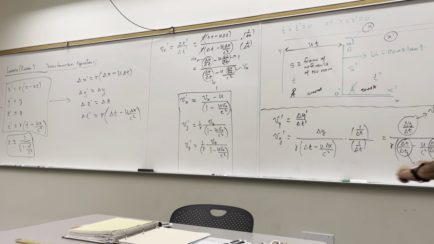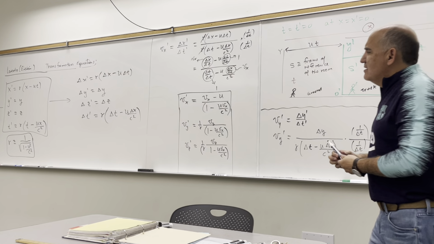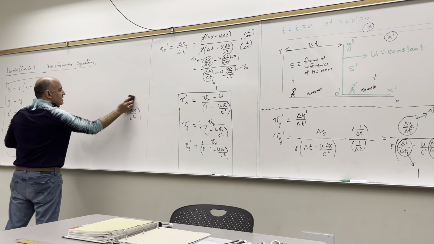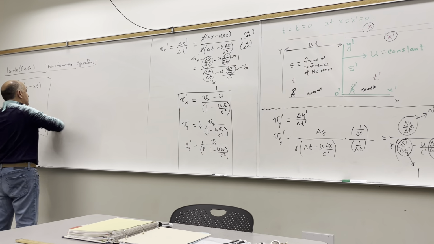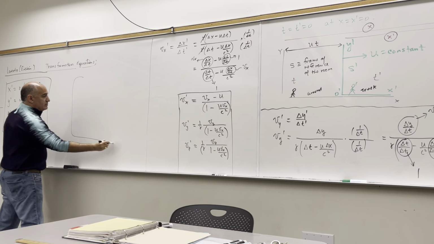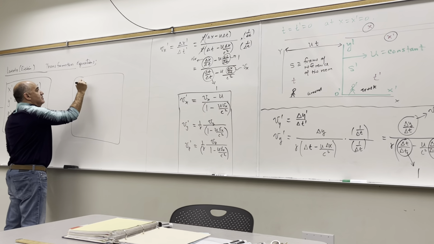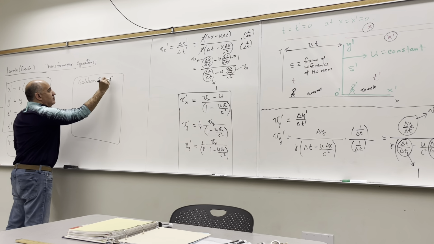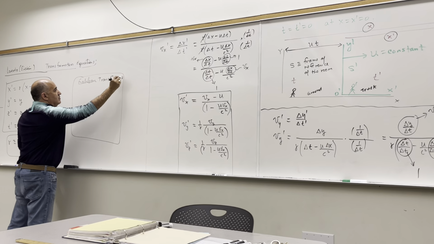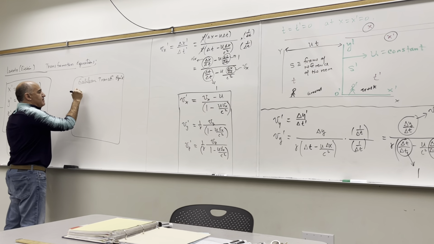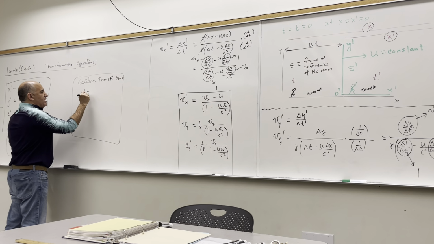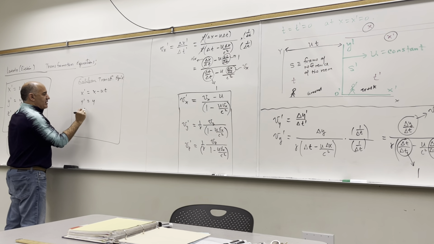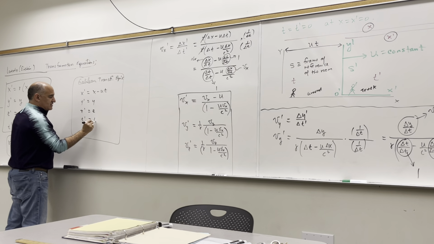Now, interestingly enough, what were the transformation equations for Galileo? The Galilean transformation equations were: x prime is x minus ut, y prime equals y, z prime equals z, and t prime equals t.